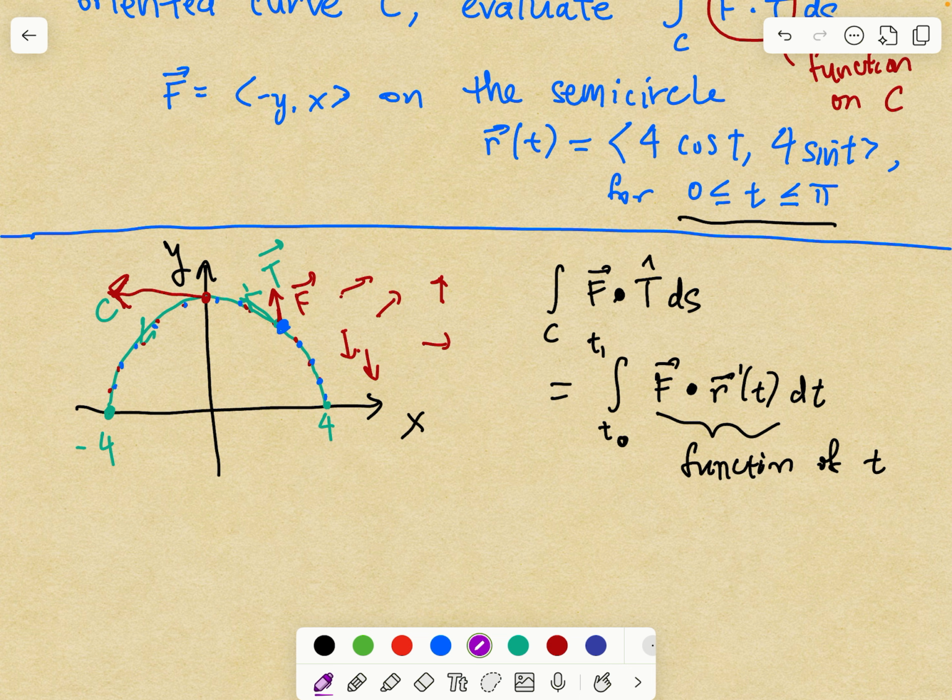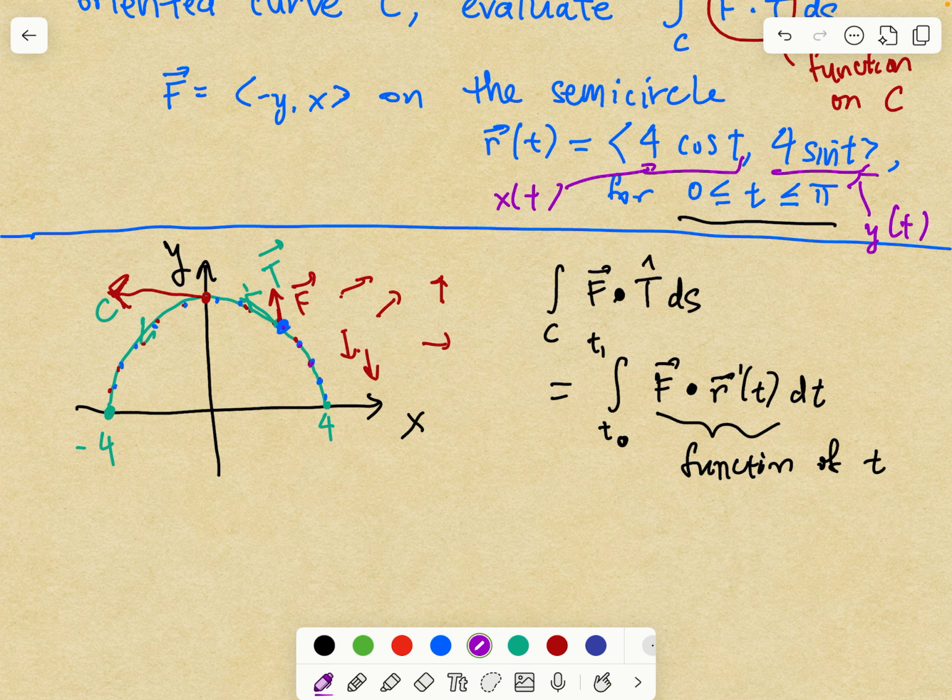Well, your f is negative y comma x, and your x of t is 4 cosine t. That's x of t. And your y of t is 4 sine t. That's what x and y are as you're traversing the curve.